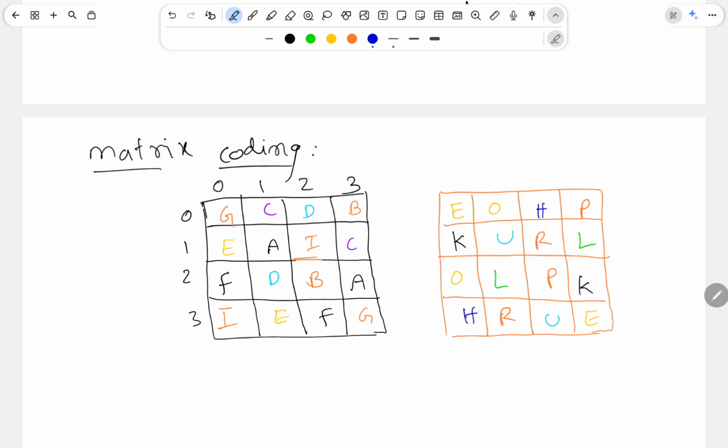H and H. Now see, this will be starting from 4, 5, 6, 7.